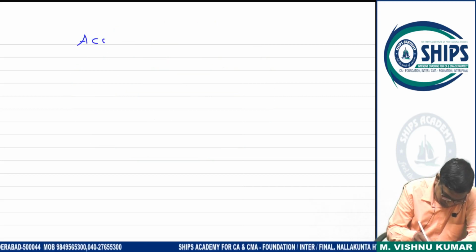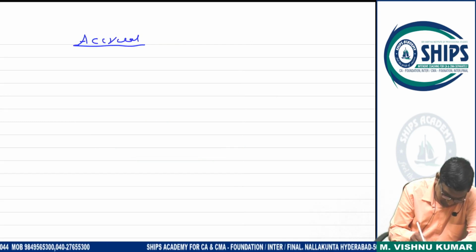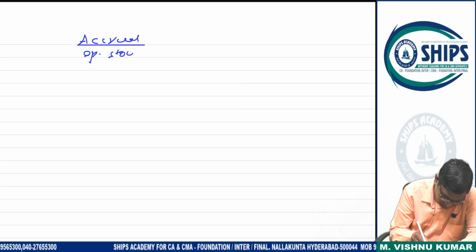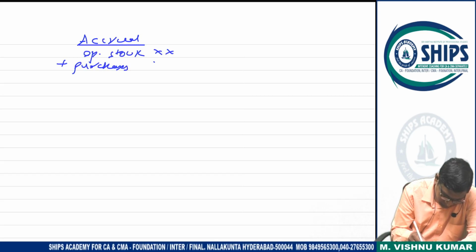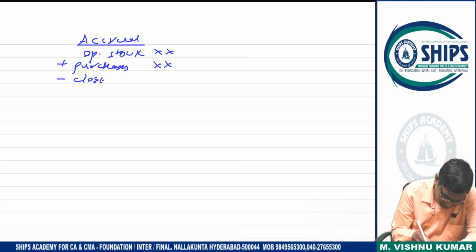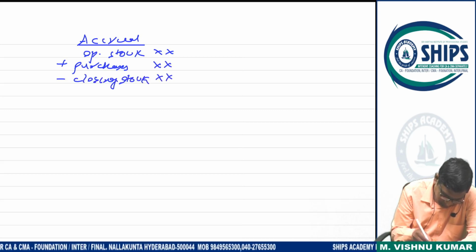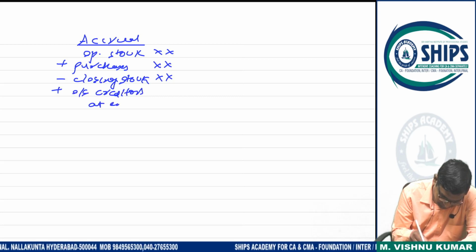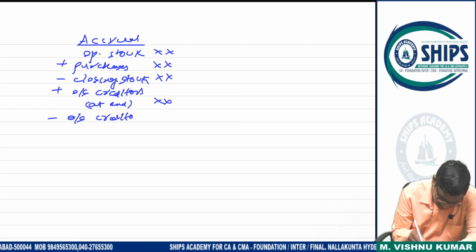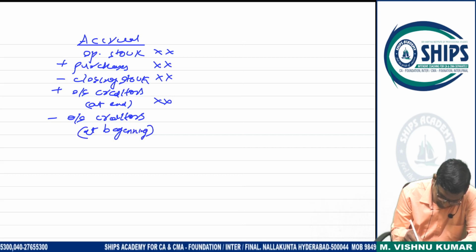First, this is accrual concept. Which concept? Accrual. So accrual first: opening stock, purchases, closing stock, then outstanding creditors at end, outstanding creditors at beginning.